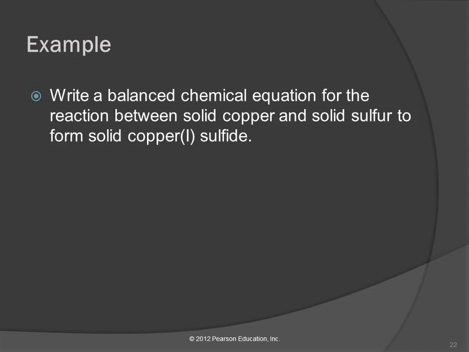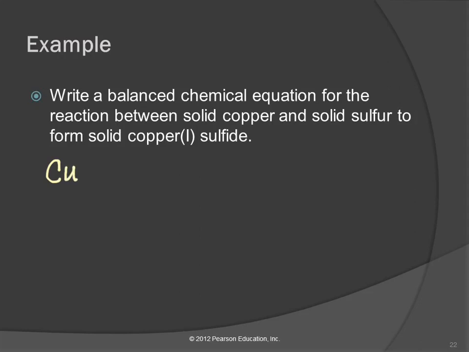Write a balanced chemical equation for the reaction between solid copper and solid sulfur to form solid copper 1 sulfide. So this is pulling from chapter 5 with the nomenclature. We have to be able to write some formulas. So copper, what's the symbol for copper?